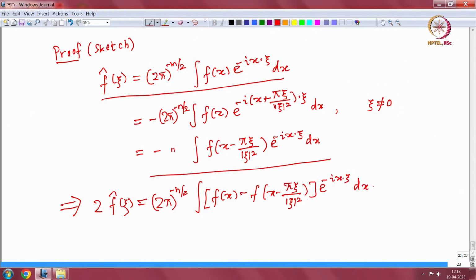And we have already seen the continuity of an L1 function in the norm. So, you just take this 2 f cap j, and that tends to 0.